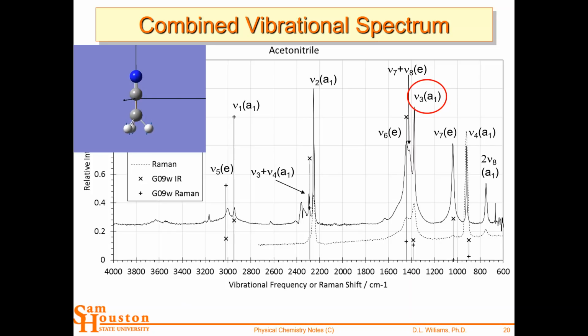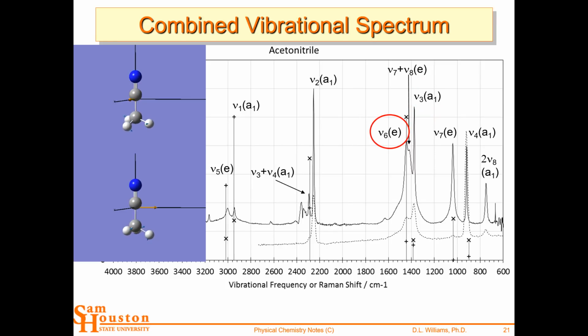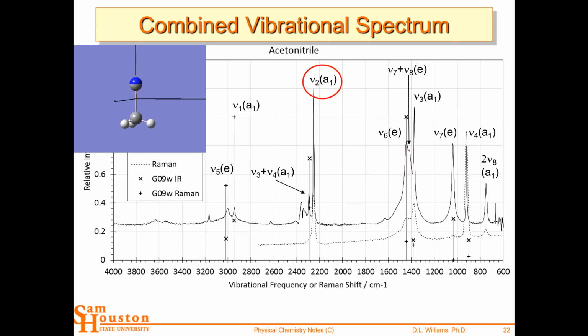The carbon-hydrogen bond angle is changing, and all 3 angles are changing, either shrinking or expanding together. You can call that an umbrella mode because it looks like an umbrella, like it might flip out, invert itself. And then you have other angle bends, nu 6, and there are 2 of those because it's doubly degenerate.